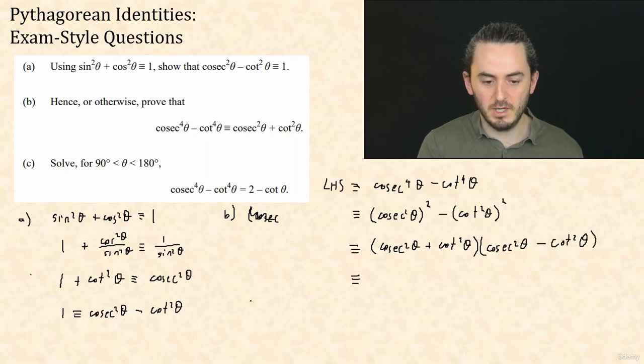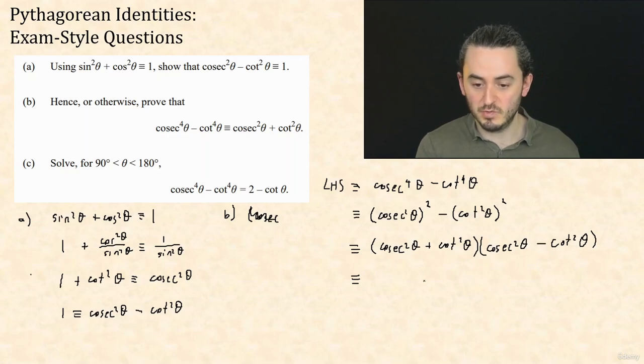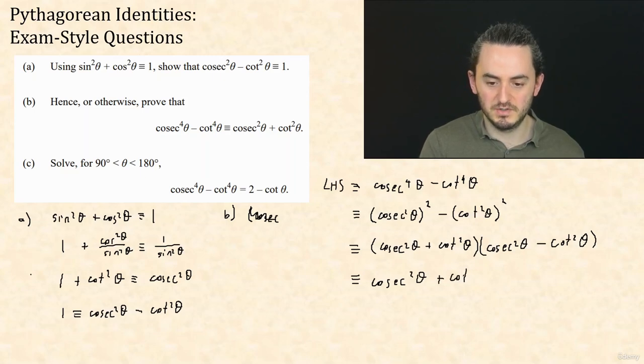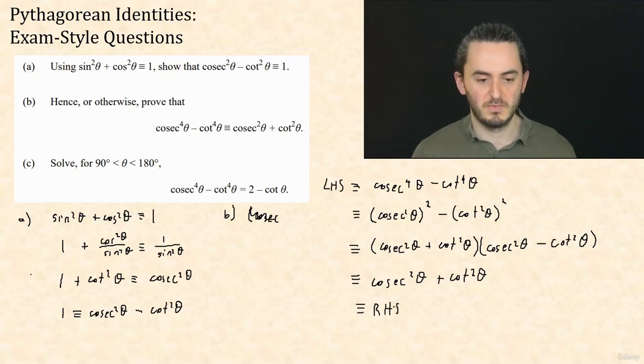But we know, and here's our hence bit, that cosec squared theta minus cot squared theta is 1. So this bit is just 1, so all we're left with is cosec squared theta plus cot squared theta. And we're done. That is the right-hand side, and we've proved it.